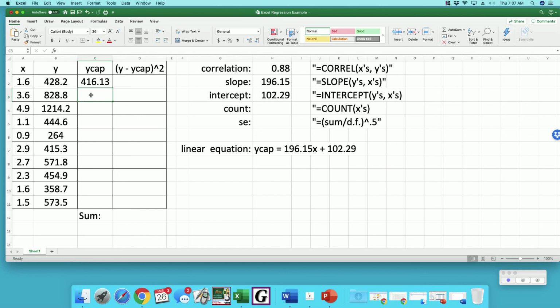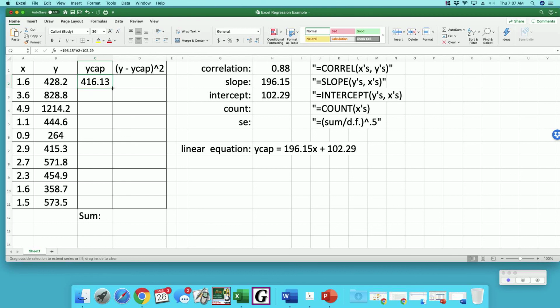Now we're going to do the same thing for all these cells here. But there's an easier way of doing it in Excel. So click on C2. Right now my cursor is a white plus sign. We want to go to the bottom right corner and it turns into a black plus sign.